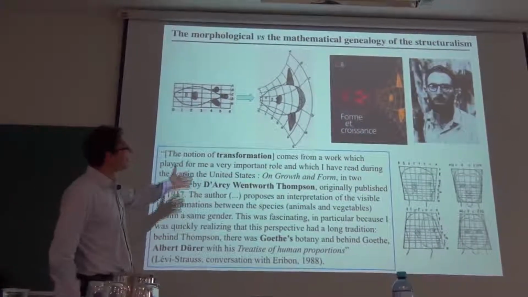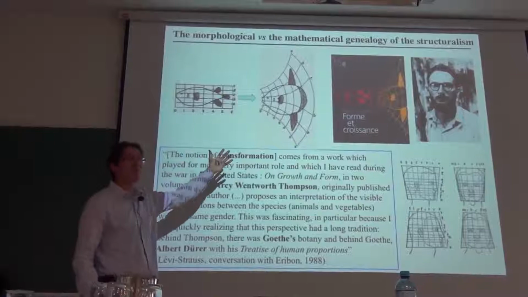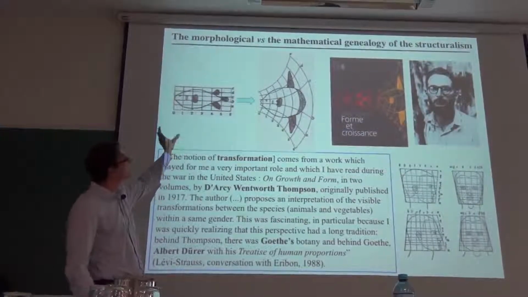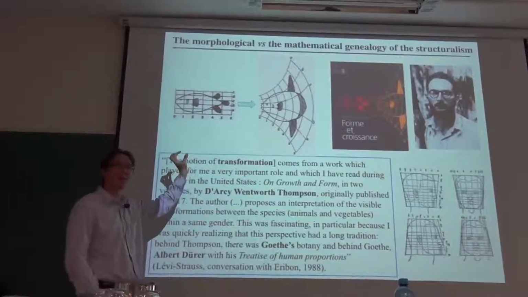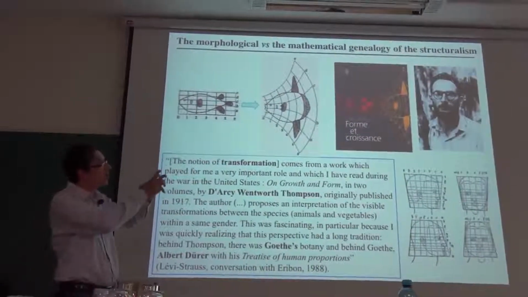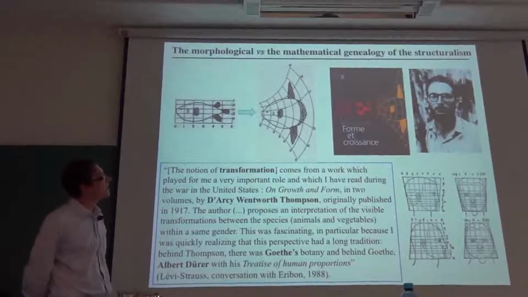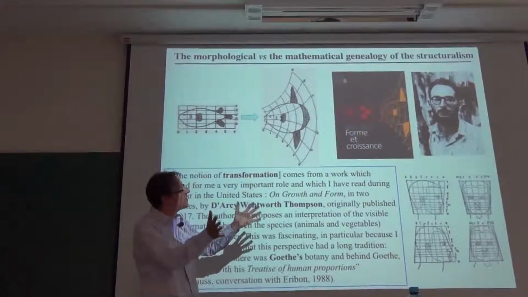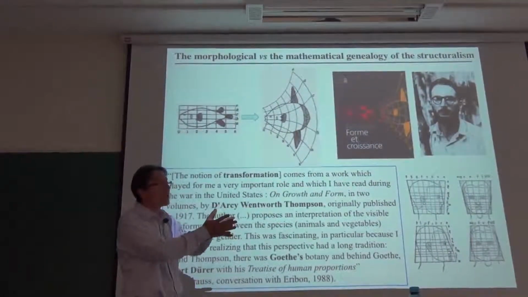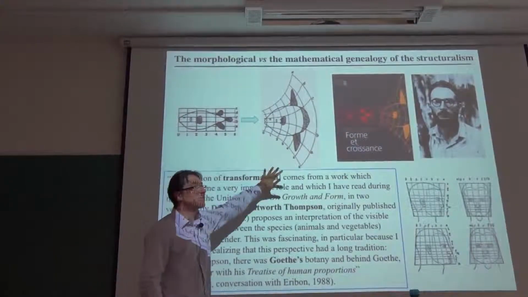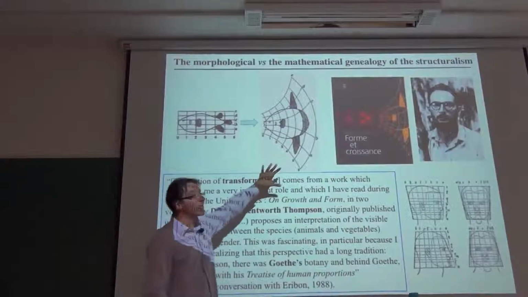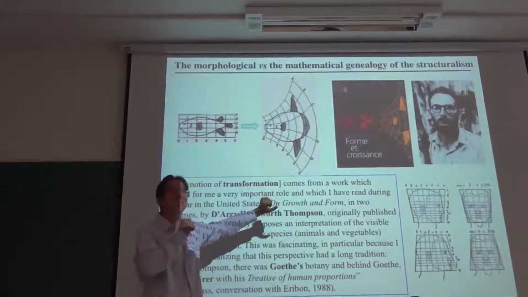And so, for example, the different species of fishes are just different instantiations of a kind of cell, a kind of path, or let's say a kernel, which is injected into different geometrical spaces. So in order to differentiate, for example, these two fishes, you have to look at the space in which the fish is described.